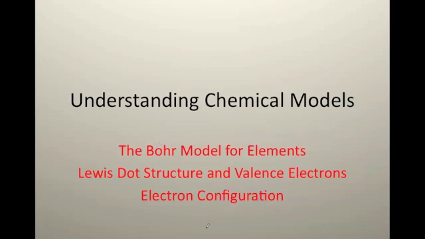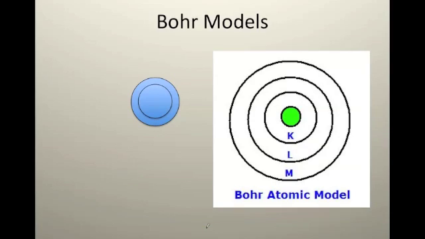So what we're really talking about are models that give us a visual representation of the atomic structure. The Bohr model is your most basic, and you've probably seen this. You've seen me draw positive protons and neutral neutrons in the nucleus of atoms.